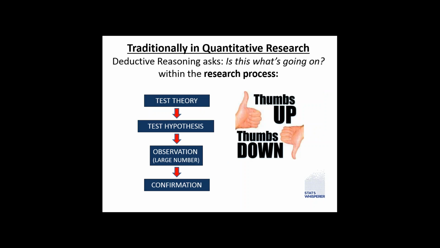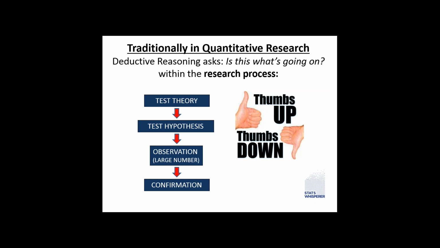Next, we get into the classic role of quantitative research, which involves more deductive reasoning, which confirms, is this what's going on within the research process? So the ball's taken from the qualitative court into the quantitative court. The tentative hypotheses and the theories developed are now going to be tested.